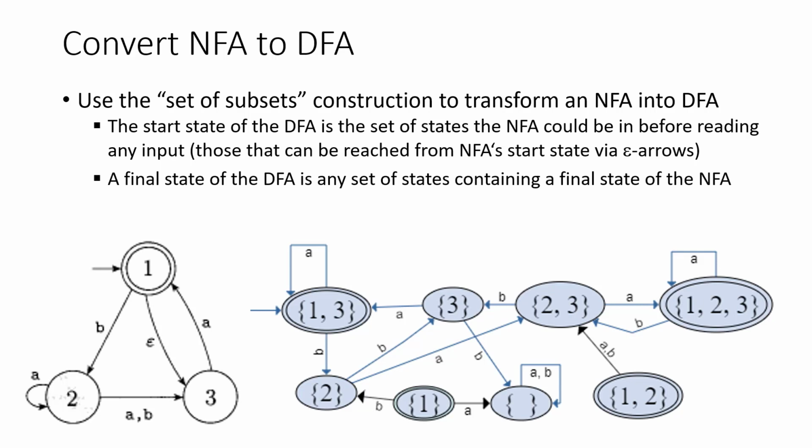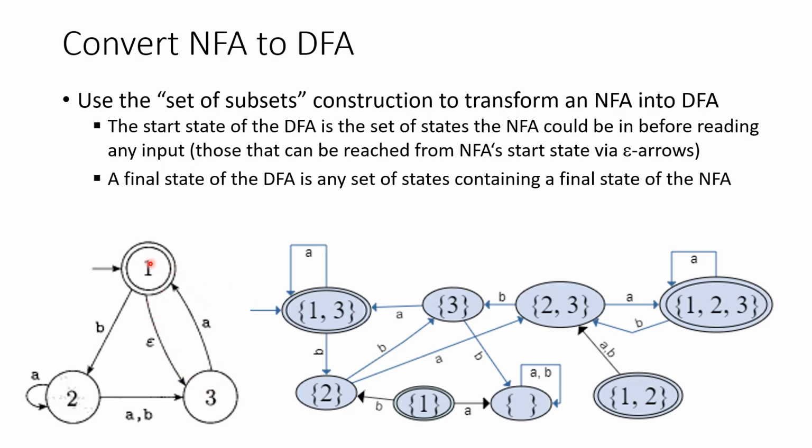So in this algorithm, the start state of the DFA is the set of states that the NFA could be in before reading any input. So those are the states that can be reached from the NFA start state via epsilon arrows as well.